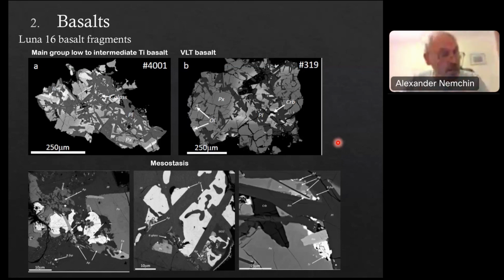There are two types recognized in the soil from Luna 16. One is more or less the major component, the main group, low to intermediate titanium basalts, and there are small pieces of a small proportion of VLT basalts there as well.